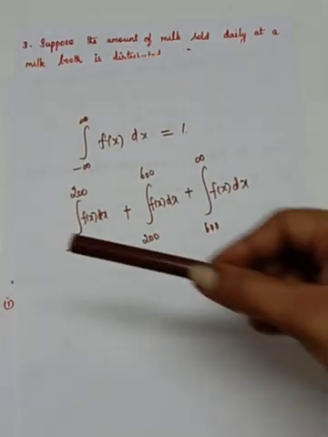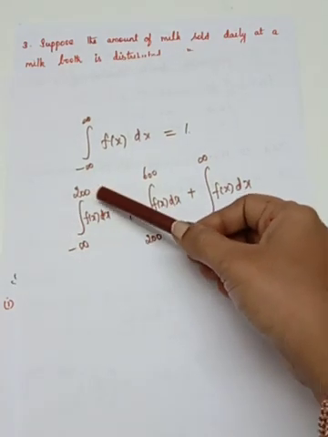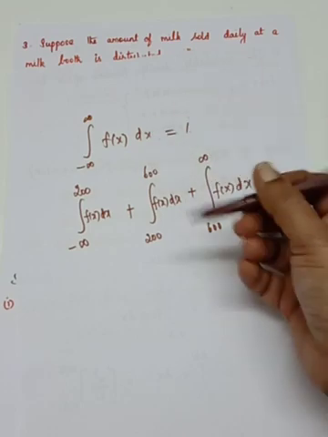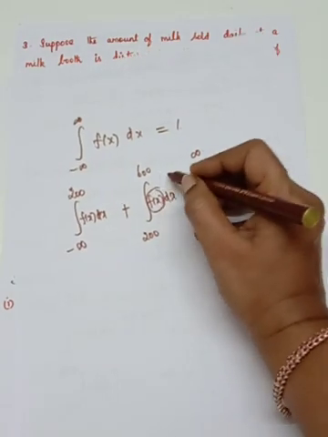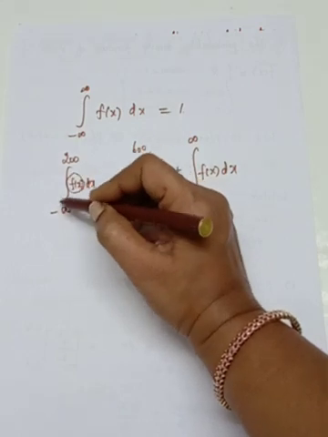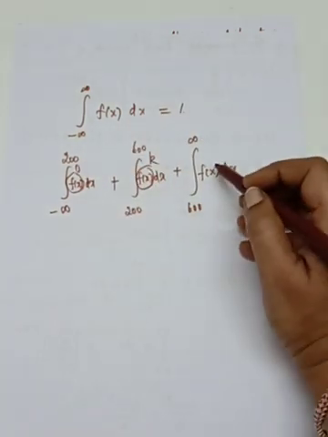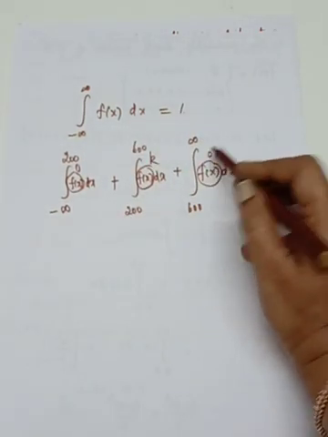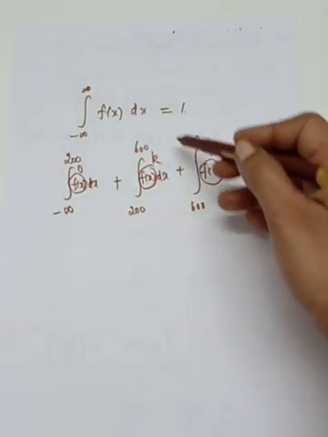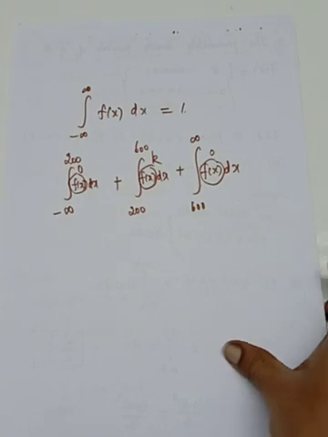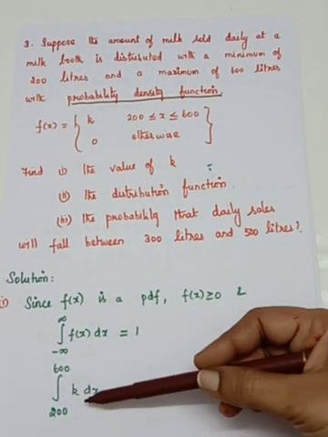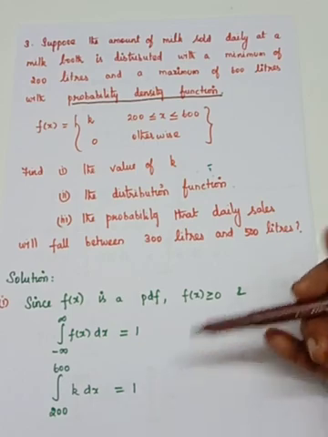Okay. So minus infinity to 200. You see that it is given 200 to 600 only. Your f of x is k. Otherwise it is 0. So in this interval your f of x is 0. In this interval also your f of x is 0. So therefore these two values are 0. So we can consider only integral 200 to 600 of k dx is equal to 1.